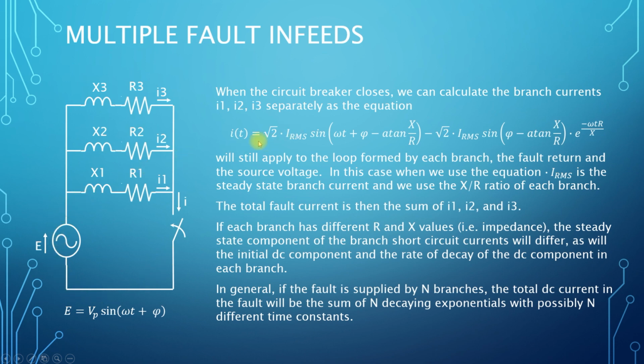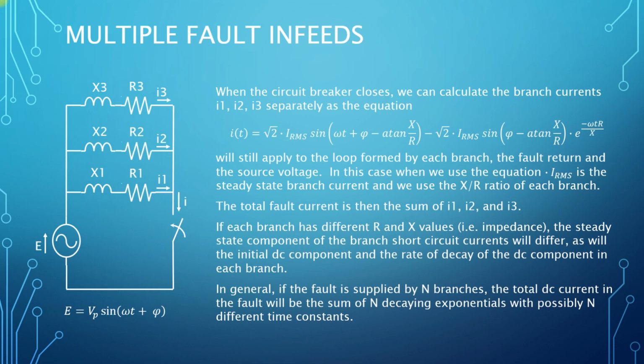So this means that we can use our solution to the differential equation for one branch, and we can use this to calculate I1 with the parameters of branch 1, I2 with the parameters of branch 2, and I3 with the parameters of branch 3. So we can calculate I1, I2 and I3 individually, and then we can add them together to get the total fault current.